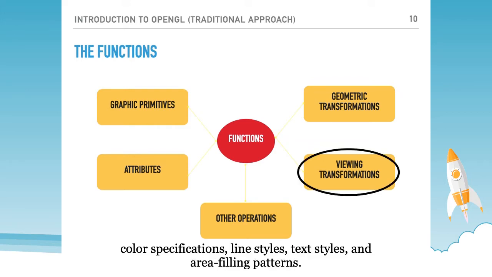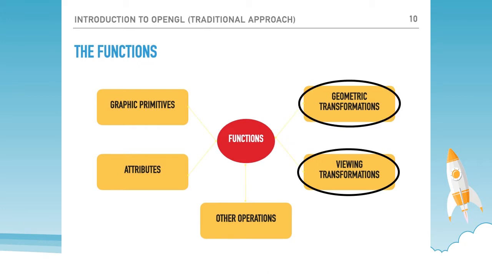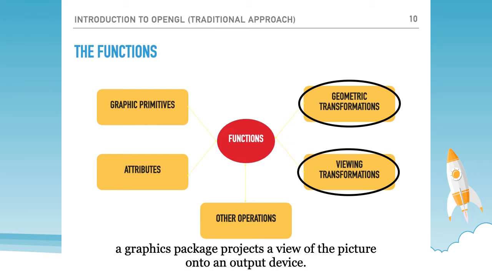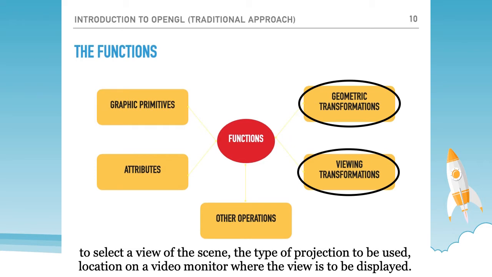After a scene has been constructed, using the routines for specifying the object shapes and their attributes, a graphics package projects a view of a picture onto an output device. Viewing transformations are used to select a view of the scene, the type of projection that is going to be used, and the location on the video monitor where the view is to be displayed.